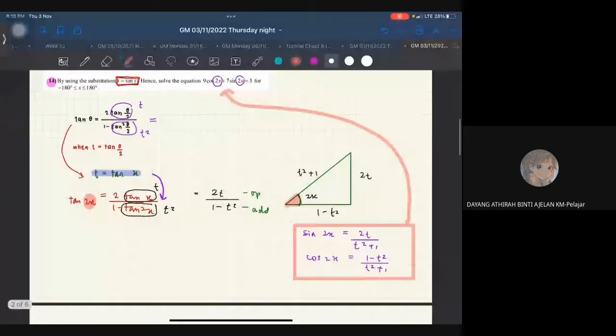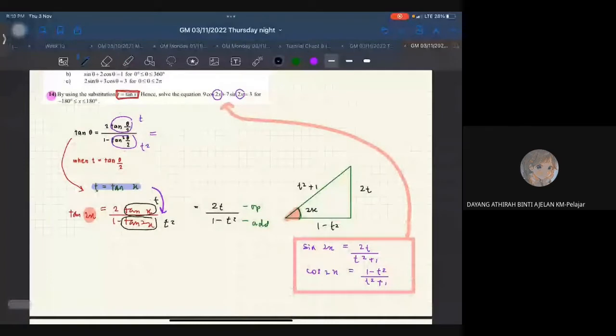Saya tak nampak. So, saya tulis dekat atas dulu. So, saya ada 9. Okay, and then saya darabkan dengan cos 2x. Cos 2x saya dekat bawah tu saya dah tulis. So, I have 1 minus t square over 1 plus t square. I put a bracket. Okay, and then plus 7 sin 2x.